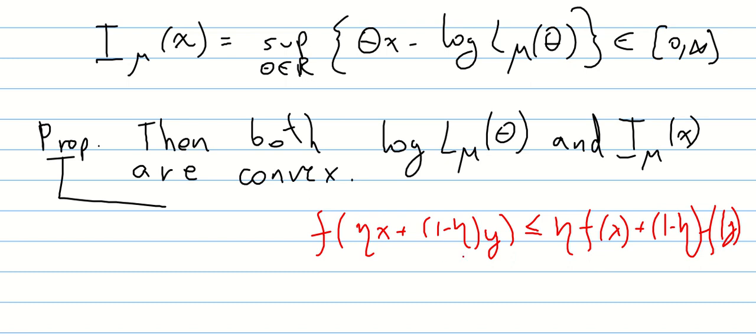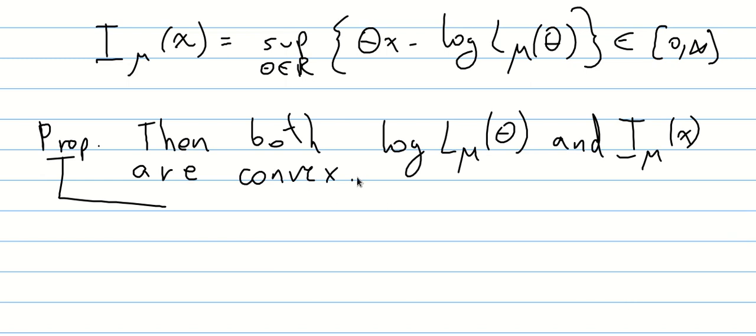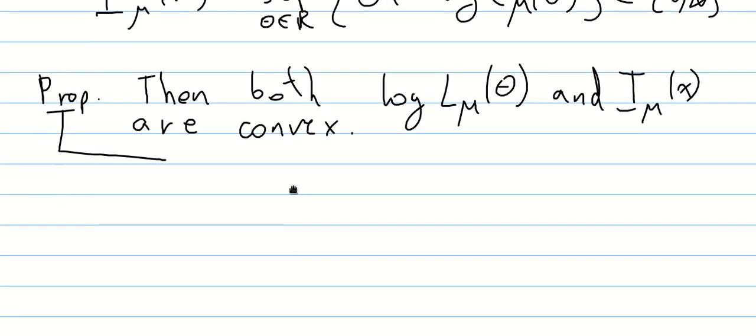And in case anything here is infinite, and you multiply by a positive value, it's still infinite. If you sum with something, it's infinite. So in this context, it's clear what a convex function means. And these two functions are convex in this sense.